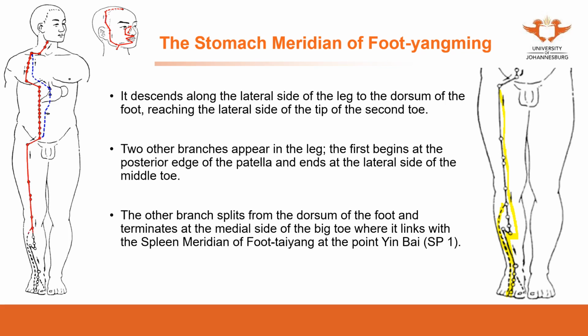And then there's another branch that splits from the dorsum of the foot and terminates at the medial sides of the big toes. So these are the branches, and also from these toes, that's where we meet the spleen meridian.